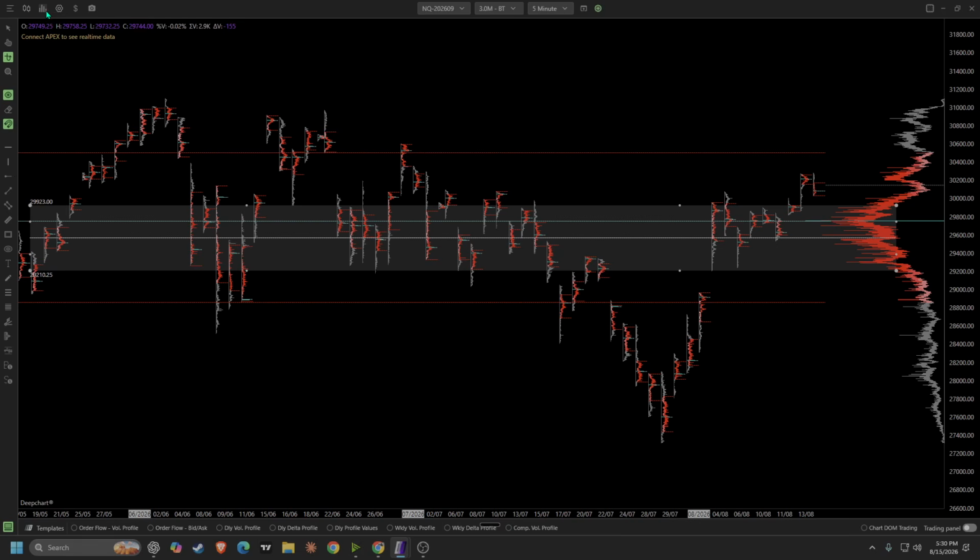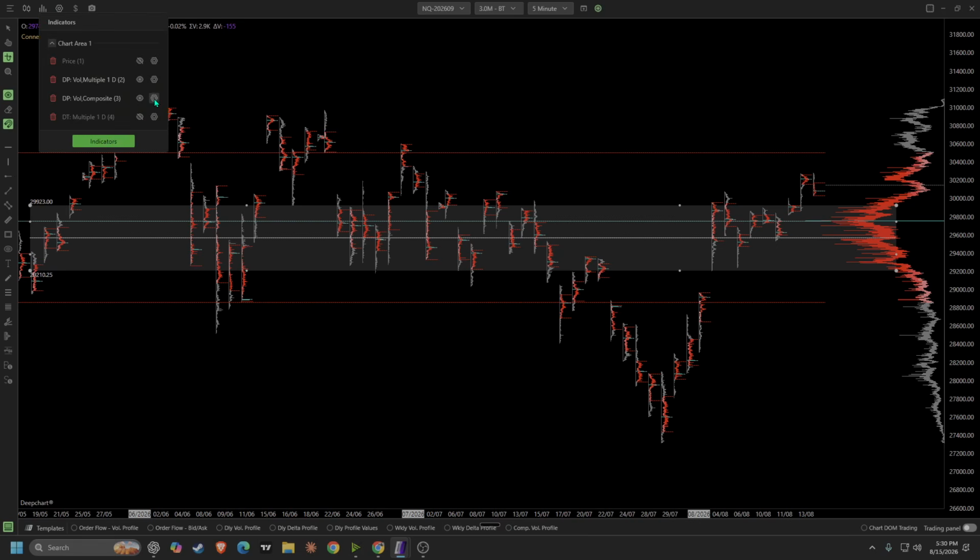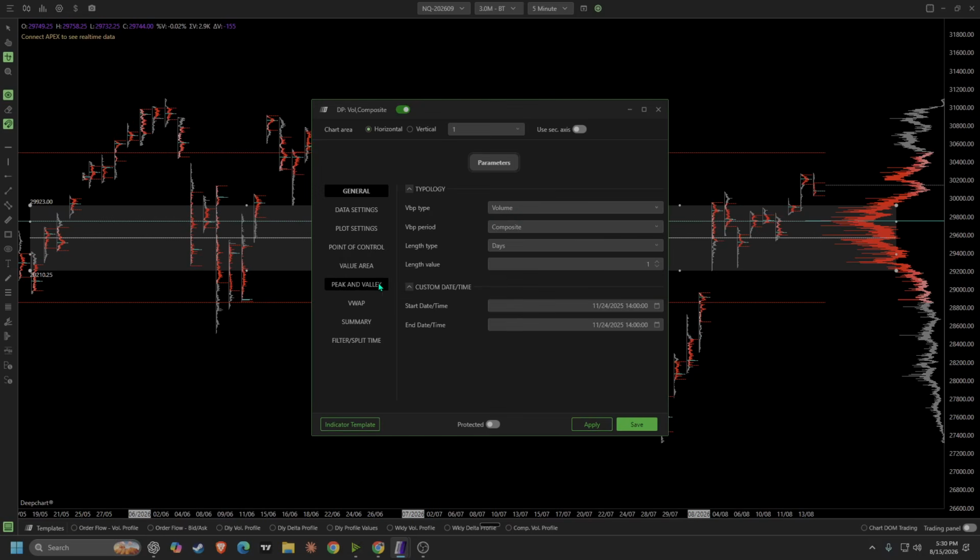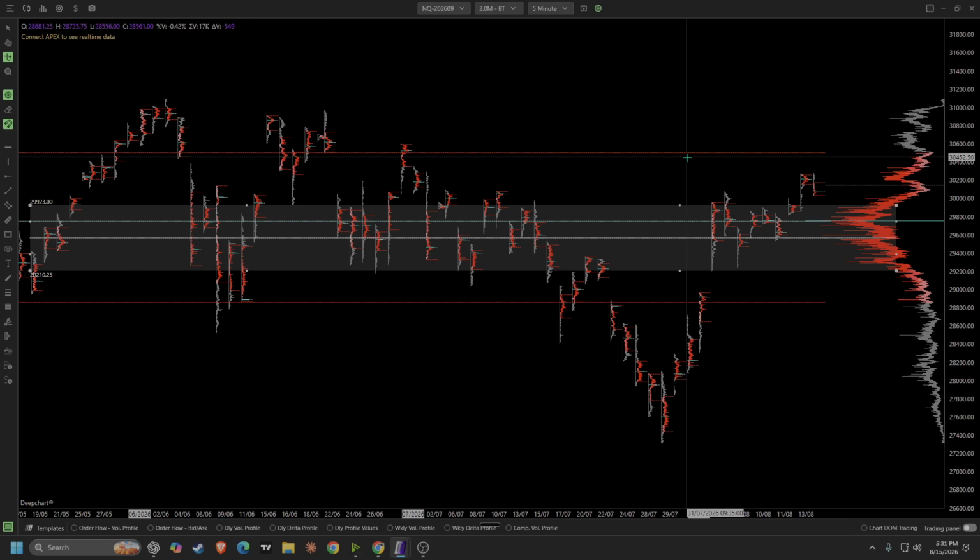So for this particular application, it may not apply and work the same way in all of them, but what I like to do is have manual grouping and manual ticks 1. What that does is it controls it from shifting different key points. So if you do use DeepCharts, that's something you want to make sure you have set up, even for your daily profiles.